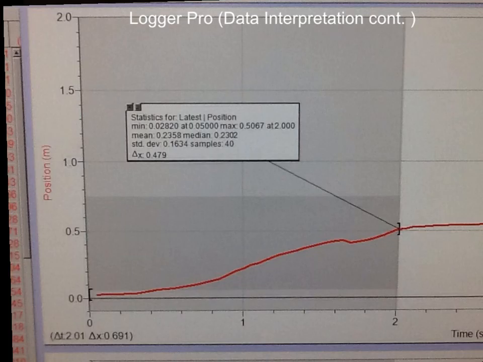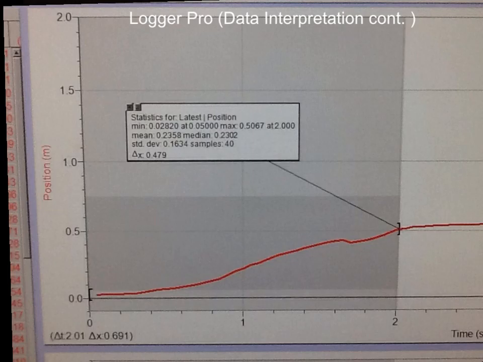If I wanted to know specifically what the reading was at a very particular time, say like 1 second here, then all I would do is I'd highlight a very narrow region and only this little sliver would show up gray. And then when I hit statistics, it would just give me again for that very small area, what is my specific reading.